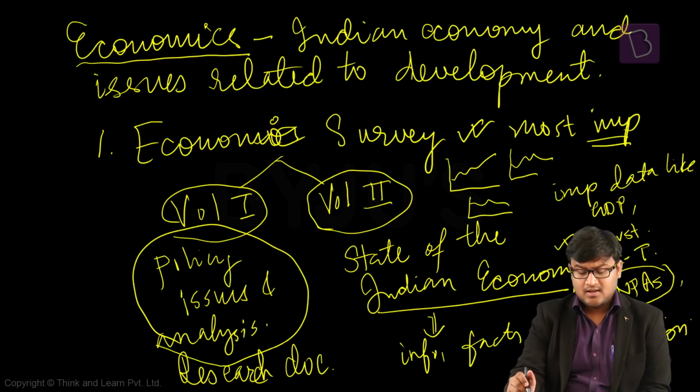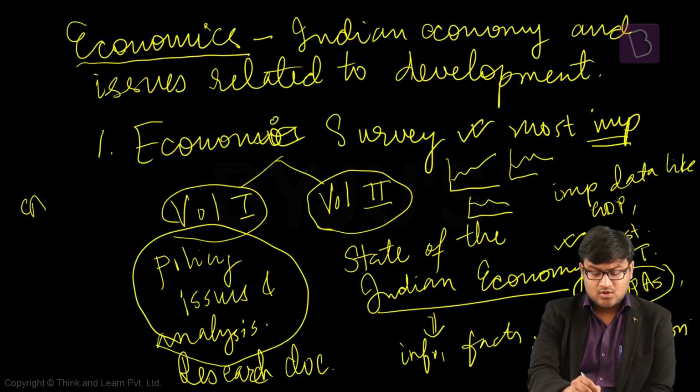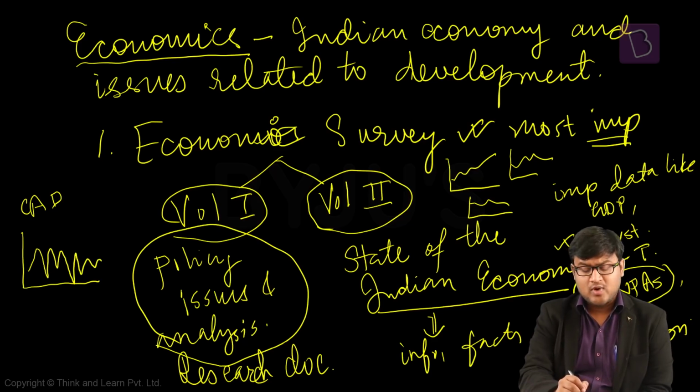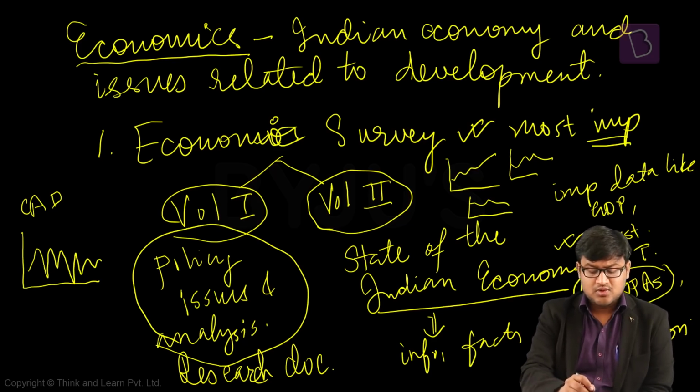For example, if the current account deficit of India, you see the data for last 10 years, and if you find that it has been fluctuating, and in the preliminary exam, if the question comes as to the current account deficit in India has been steadily increasing or decreasing for the past 10 years.